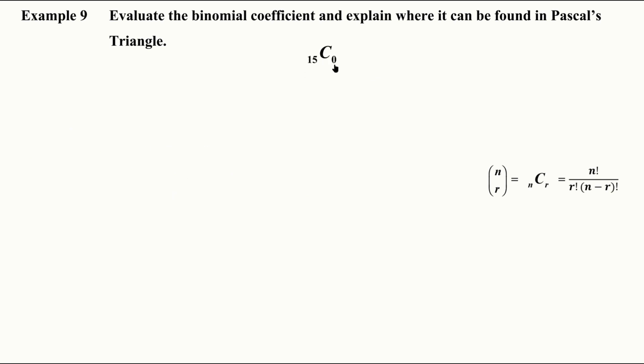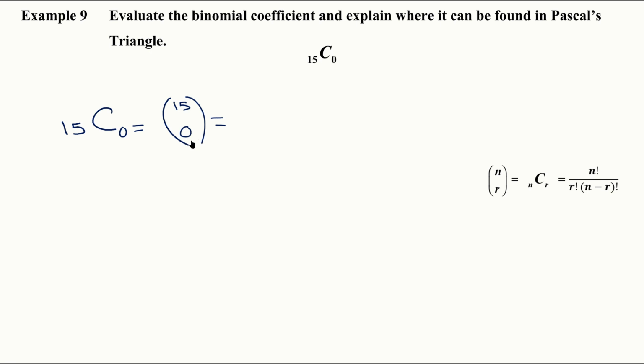Here's another one you should be able to answer immediately, right? Because we know that 15 choose 0 is the same as this notation, the matrix with 15 and 0 in it, which is basically, remember, add 1 to 0.